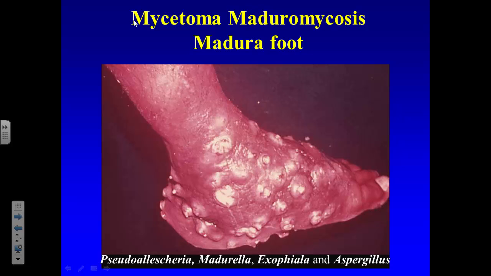Okay? It's more commonly referred to as mycetoma, due to these big growths that occur in the region that is infected. And you might want to also remember Pseudallescheria as a name and Exophiala as more common causes of these lesions.